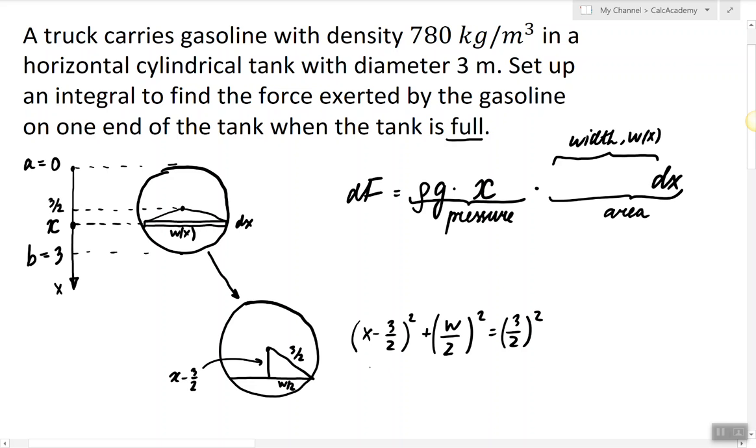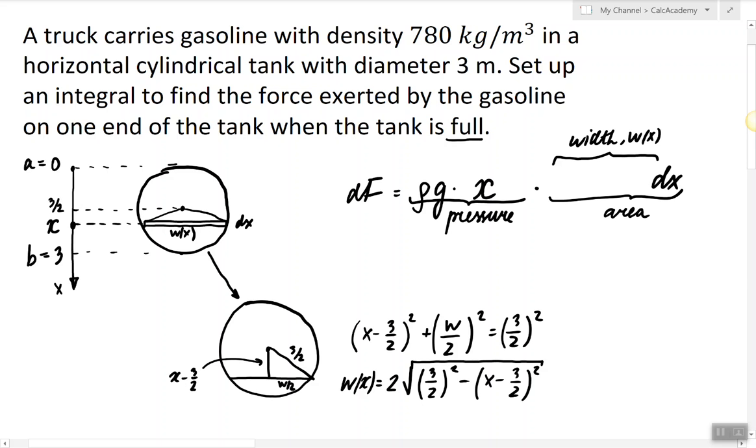And we can solve this formula for w. So it's going to be equal to 2 square root of (3/2) squared minus (x minus 3/2) squared. So this is our desired width as a function of x.